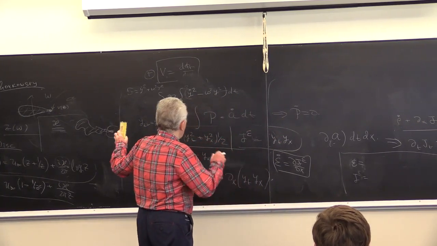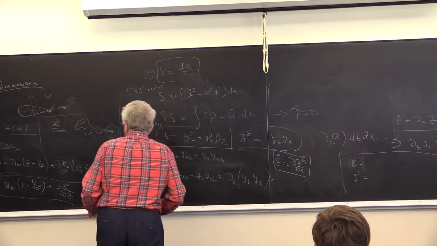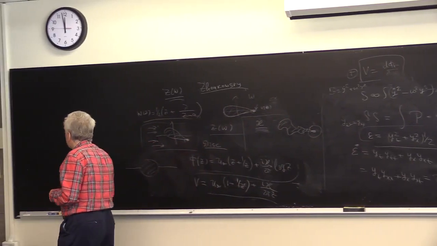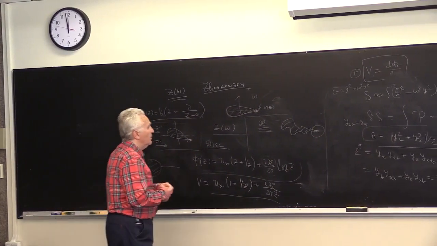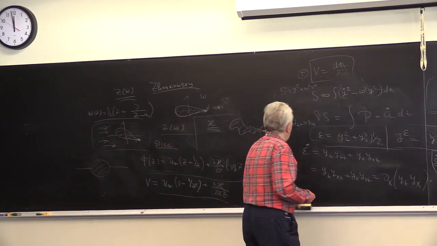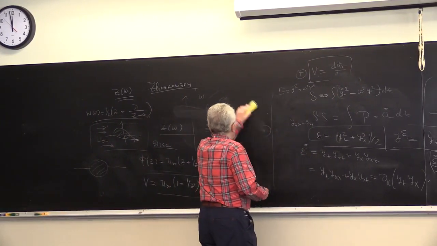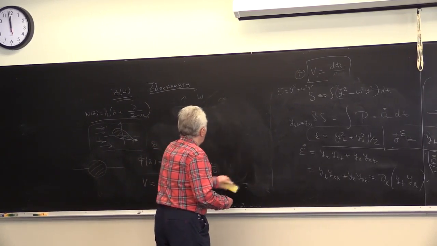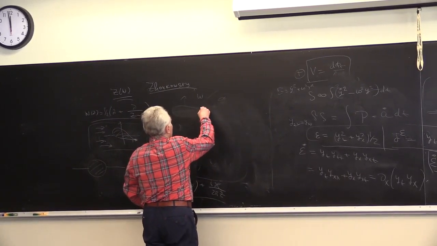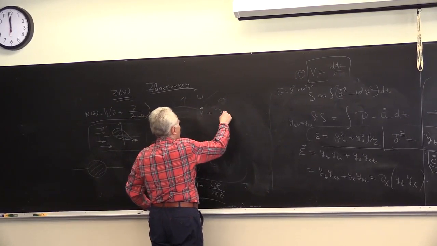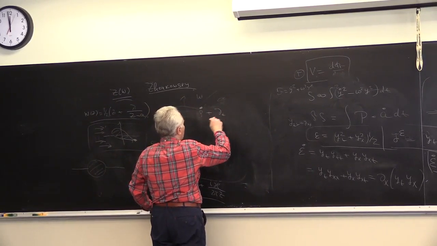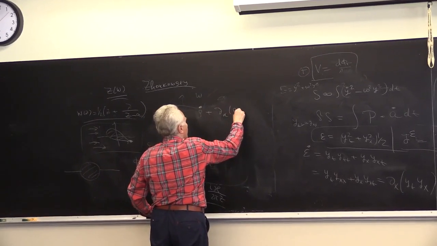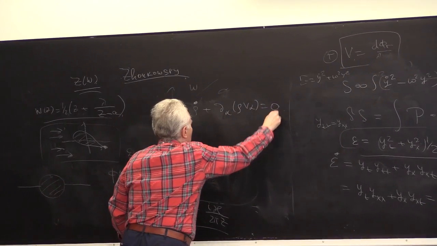Now we want to rewrite the Euler equation as a continuity equation. One continuity equation we already have, it's just this, and this is mass conservation.